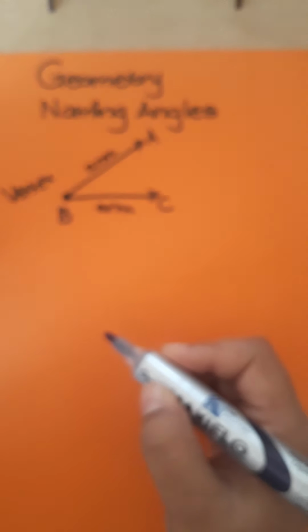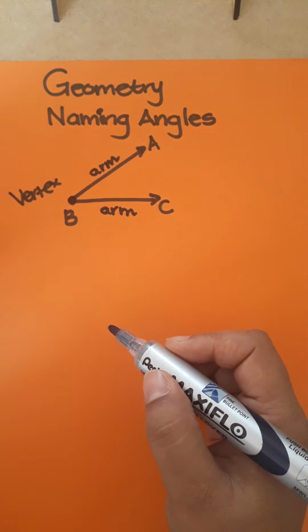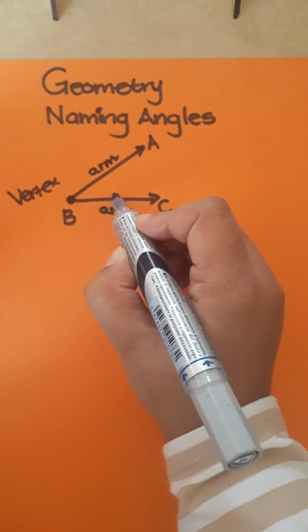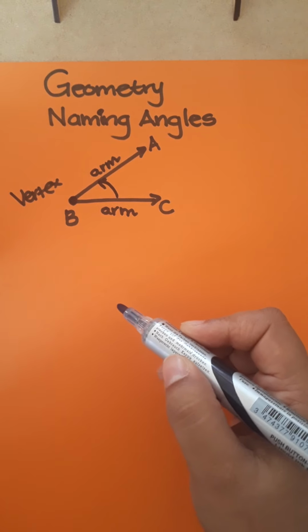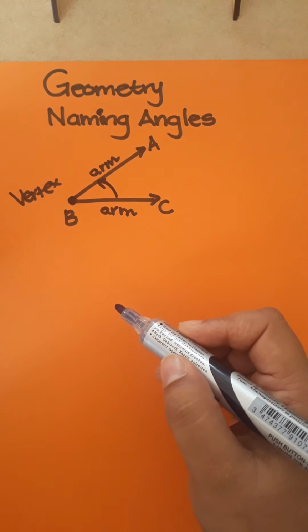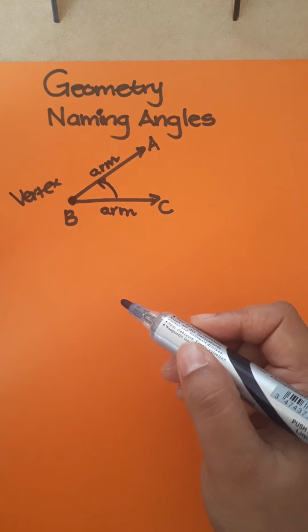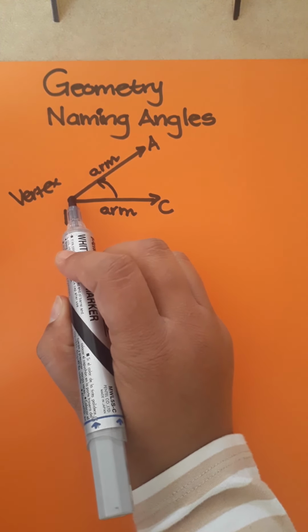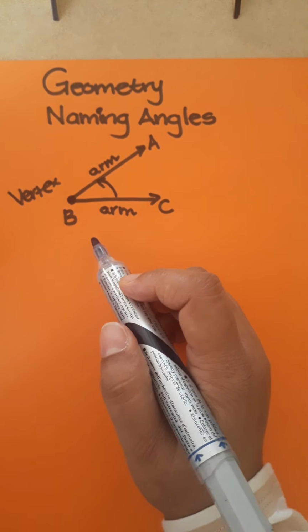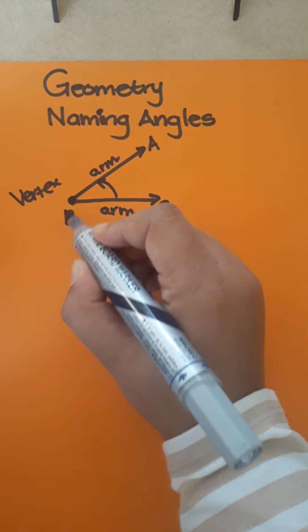Now, looking at that diagram, what do you notice between those two rays? An angle is formed. Now, we can label that angle in three different ways. You always label it according to the vertex of those two arms. In this case, look at where it is.